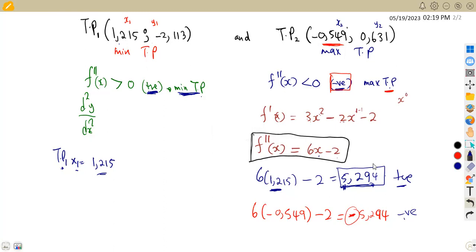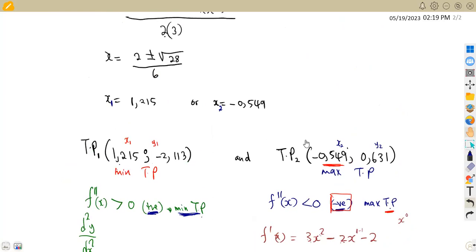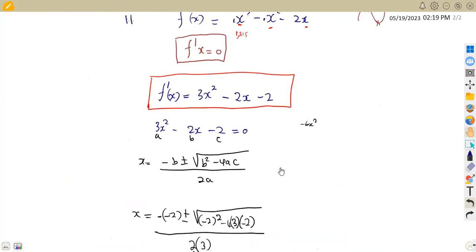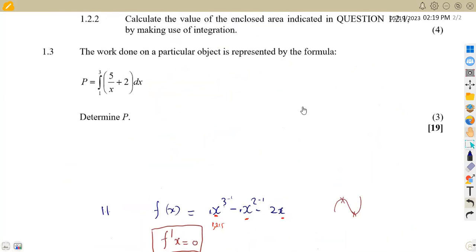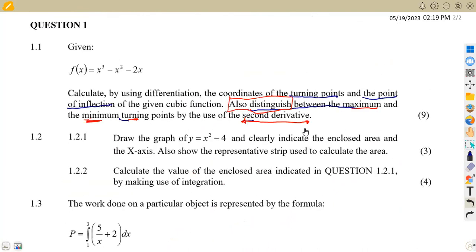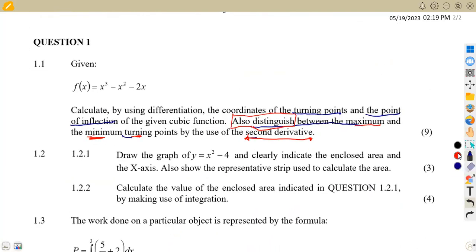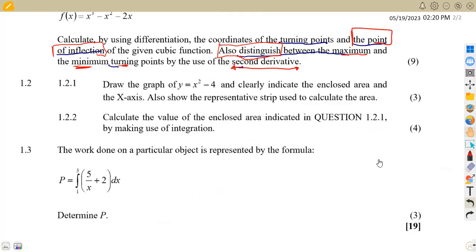But don't forget that we still have a condition on the point of inflection in our question. This was on turning points and determining the nature of turning points, but we are also asked to find the point of inflection. So how do we determine the point of inflection?